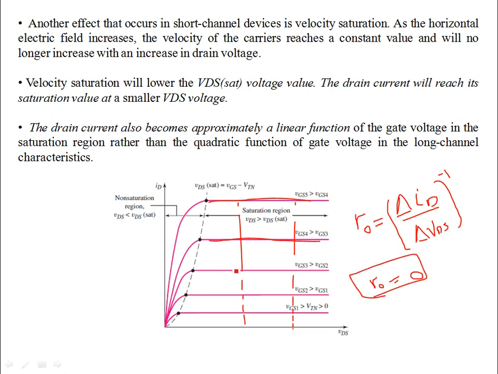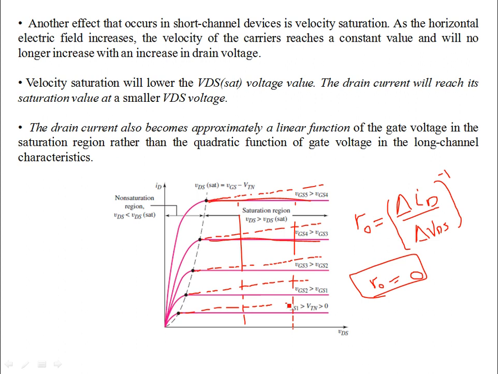The non-ideal characteristics don't produce a flat or plateau shape in the saturation region. So it works out something like this in a practical MOSFET. For a given VGS, you have a non-zero output resistance, and due to this non-zero output resistance, your curves are rising a little bit with increasing VDS.